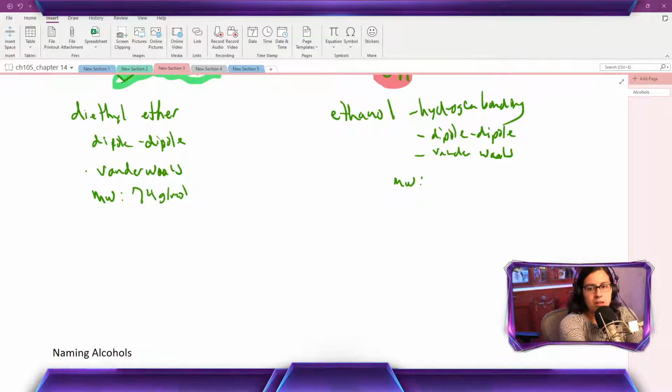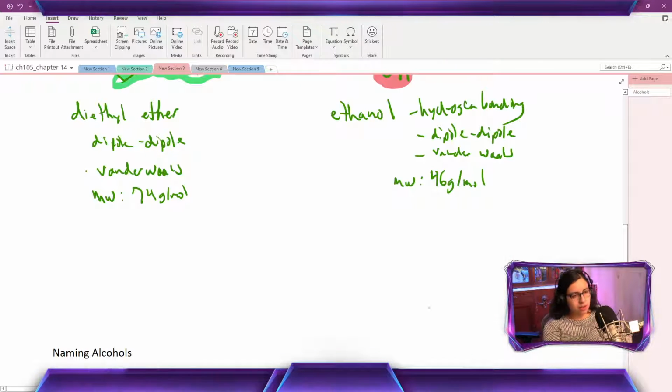Let's look at ethanol. Ethanol is smaller, only 46 grams per mole. So just based off of van der Waals forces, diethyl ether should have a higher boiling point.